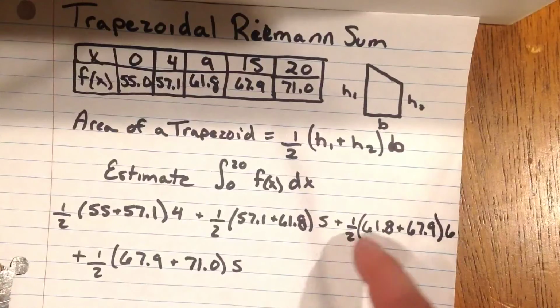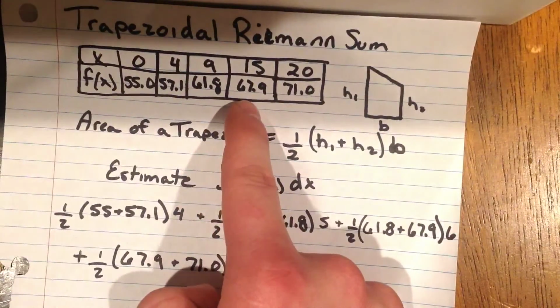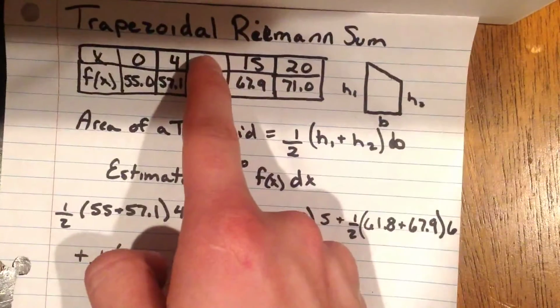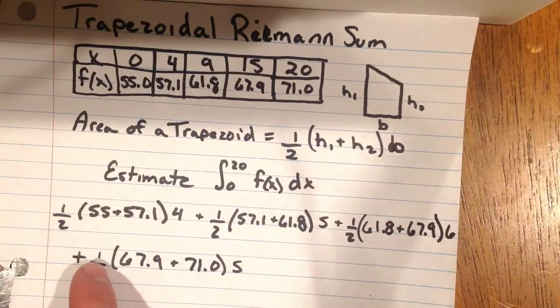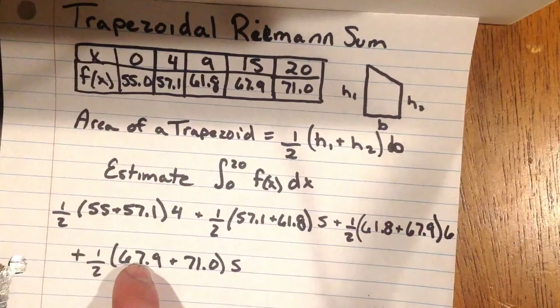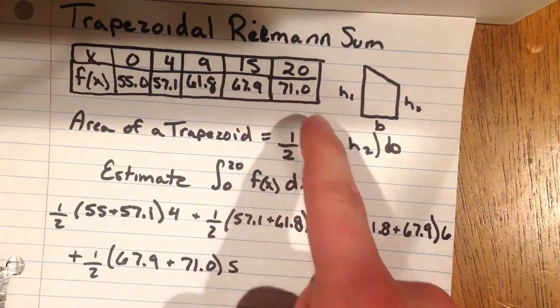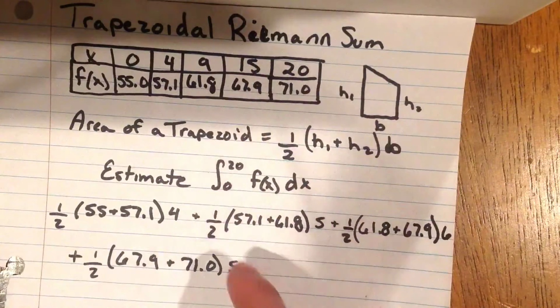And for the next one, you would do 1/2 times 61.8 plus 67.9 times the difference between 15 and 9, which is 6. And finally, you would do 1/2 times the quantity of 67.9 plus 71.0 times the difference between 20 and 15, which is 5.